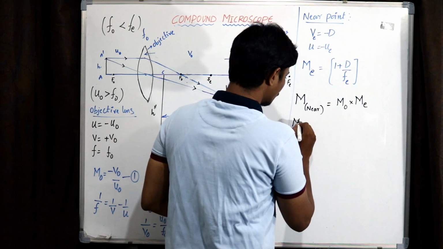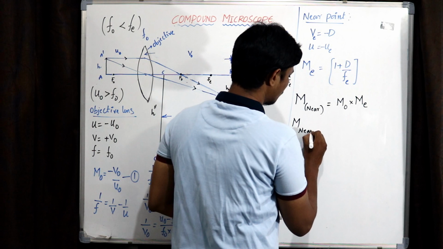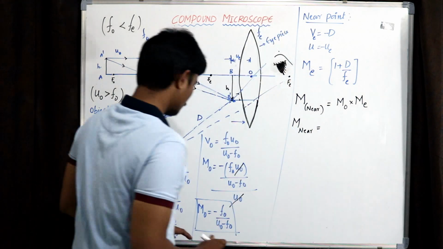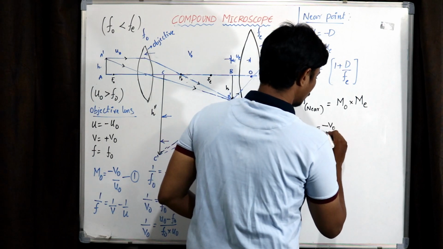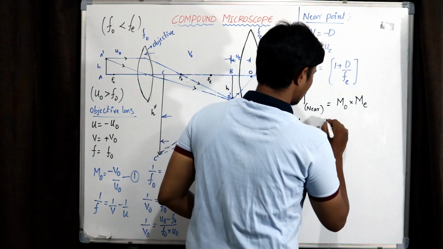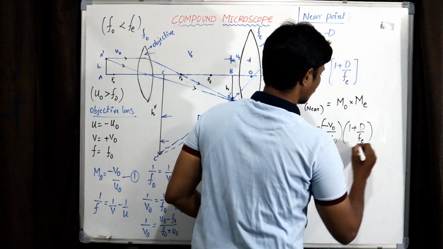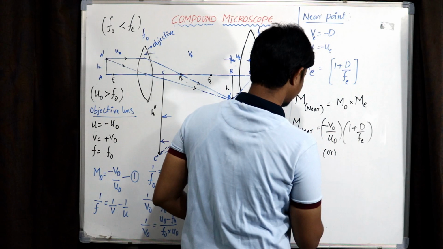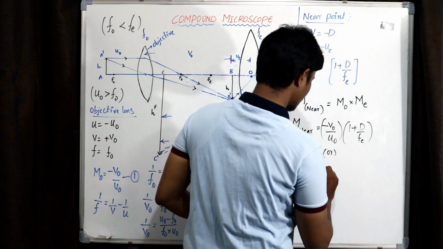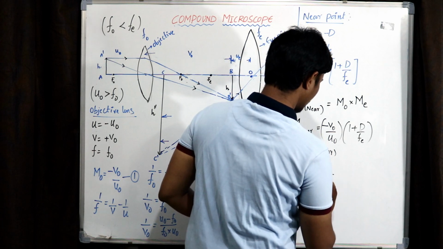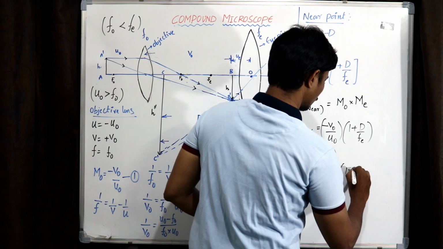So let me write here. The total magnification produced if the final image is formed at near point is minus V naught by U naught into 1 plus D by Fe, or if you want it in terms of focal length, minus F naught by U naught minus F naught into 1 plus D by Fe.